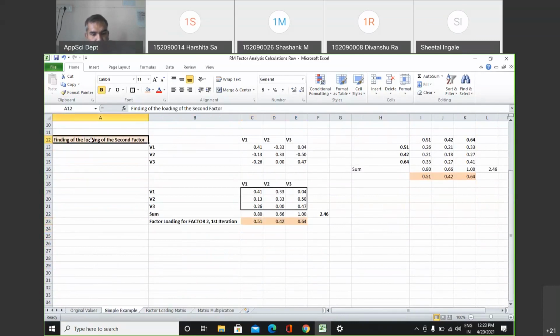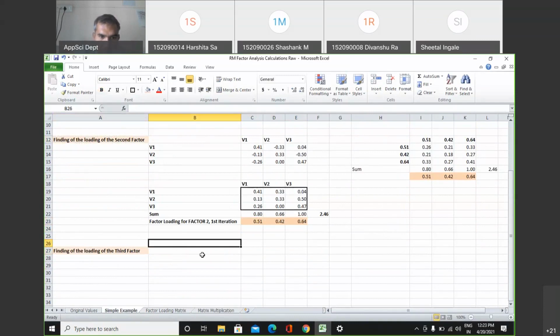Finding the factor loading for the second factor is done. Now for the third and last factor, because there are only three variables, the initial matrix will be the original matrix minus this matrix. There are no negative values here, but when progressing further, we will get negative values, and we will take the absolute value again.